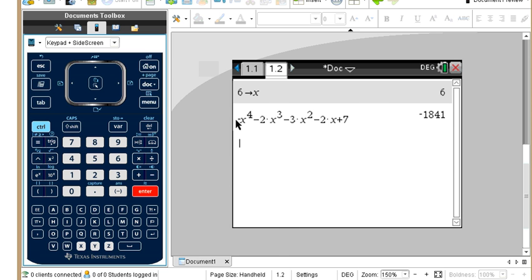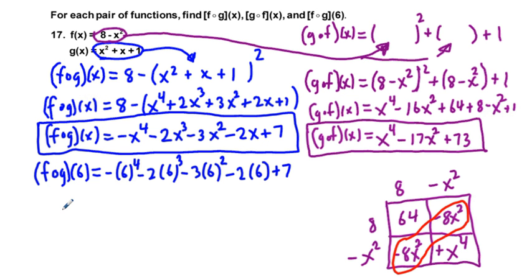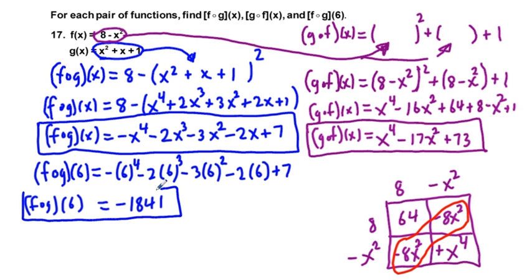So I'm just going to write down the answer here. And that's going to be f of g of 6. So that is our answer to that last part of this problem.